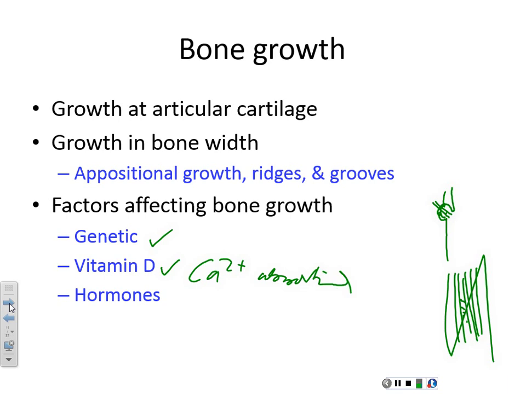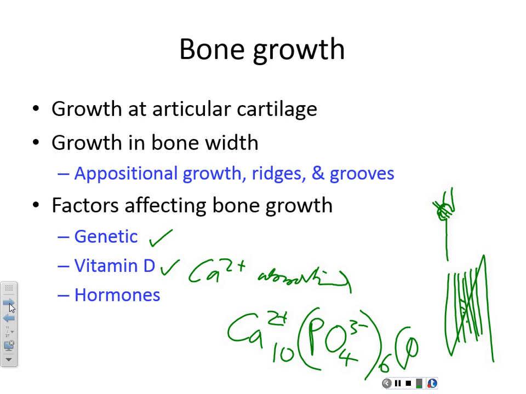So if I ask you, can you please describe for me the factors that affect bone growth? Then you talk about genetic factors, which is obvious, right? Then you talk about vitamin D, which causes calcium absorption. After all, in a hydroxyapatite molecule, you've got 10 calcium, and then you've got the phosphate, which is 6 PO4 with 3 minus charge each, and then the hydroxyl part, which is 2 hydroxyl.